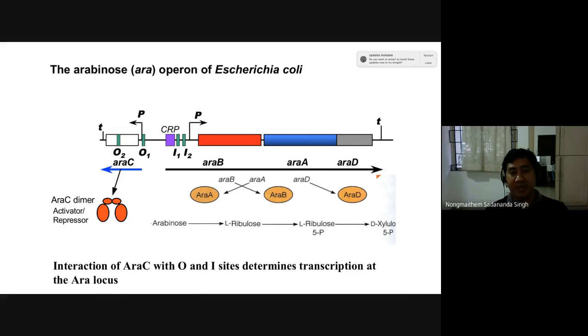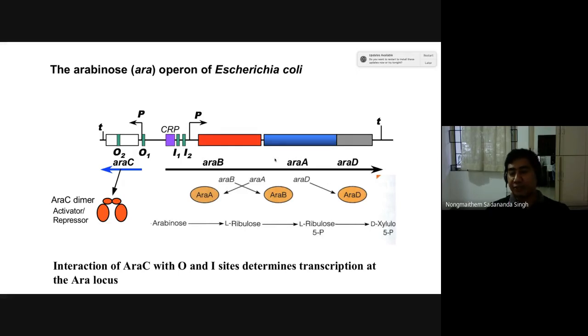But when there is glucose, the expression is regulated by cAMP level at the CRP element. Binding of the regulator at the CRP site doesn't allow expression of PBAD.